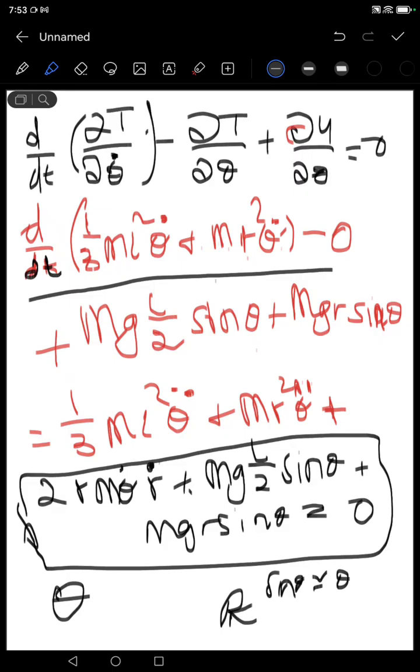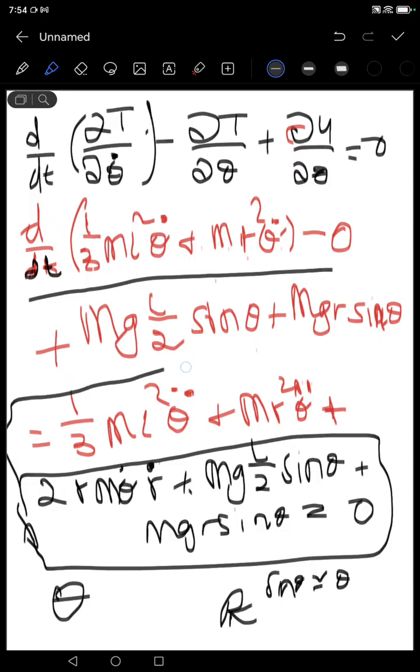Sometimes he mentions in the question that we have a small oscillation angle, which means sine theta is equal to theta. But he didn't mention it, so we're going to leave our first equation like this.